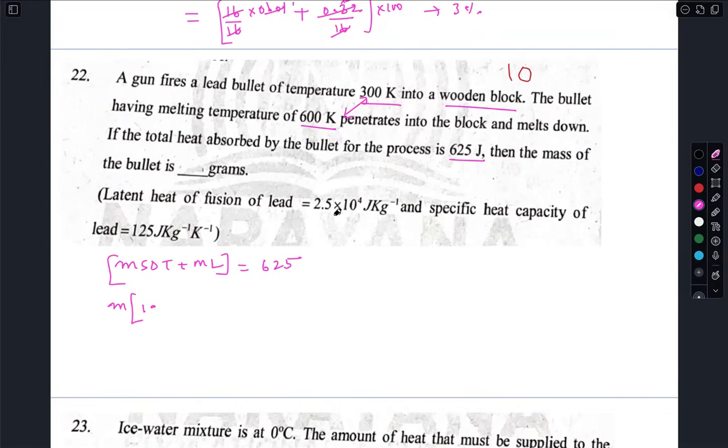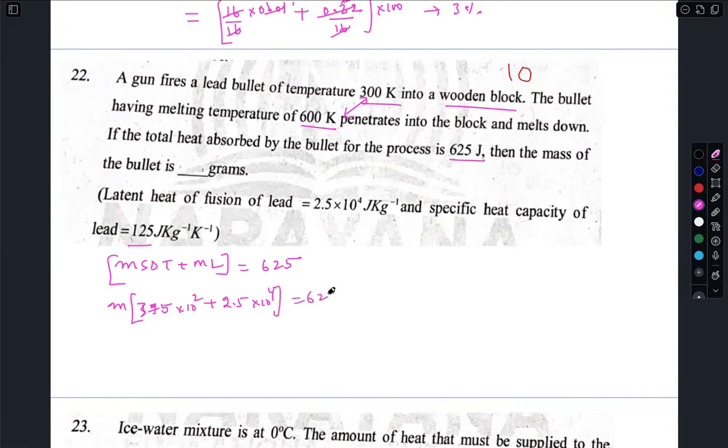L is 2.5 into 10 power 4 joule per kg, whereas S delta T means 125 into 300. 125 into 300 becomes 375 into 10 square.